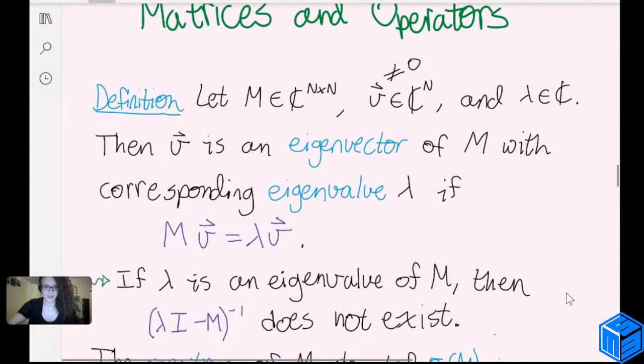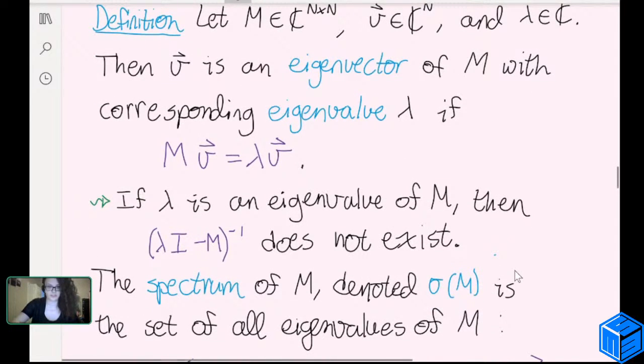So if lambda is an eigenvalue of our matrix M, then that means that the matrix lambda I minus M is not invertible. So this is equivalent.